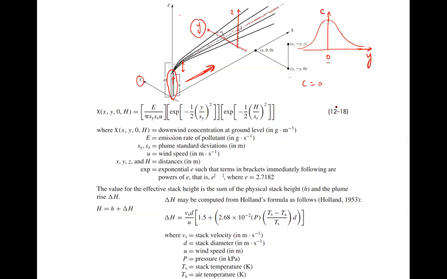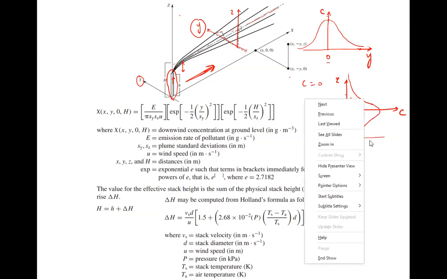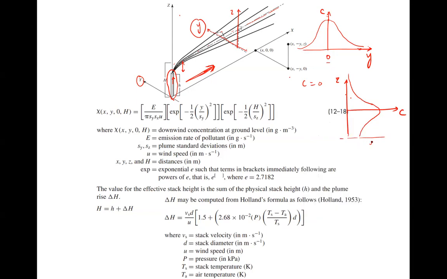If you just draw, this is z, this is concentration, and then the concentration will be lowest when it's infinitely far away, right? And then we may hit a point where it's the ground. And let's say this is the ground. Okay, but still we can approximate it with a Gaussian distribution. So that's why people came up with this equation here.